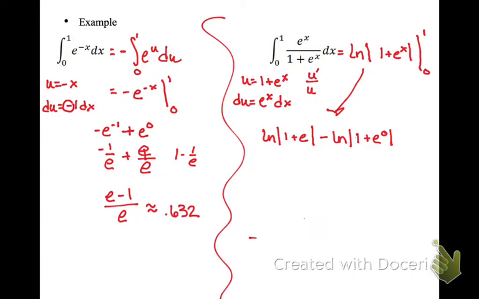Well, 1 plus e is just 1 plus e, right? What is 1 plus e to the 0? 1 plus 1. So the natural log of 1 plus e minus the natural log of 2. Oh, 2. 1 plus 1, yes, thank you.